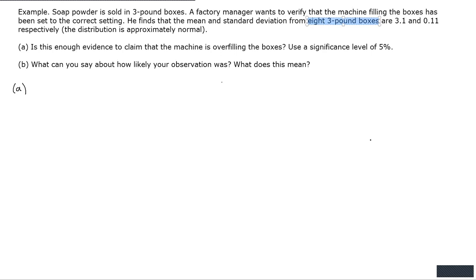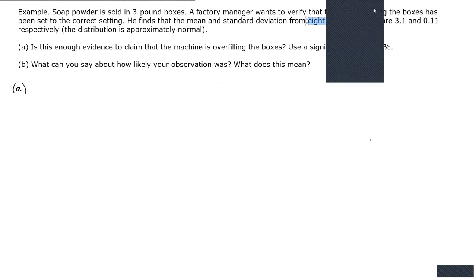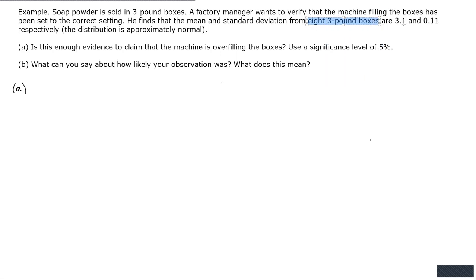The next thing that we're told is that there's these values of 3.1 and 0.11, and the value of 3.1 corresponds to the mean, and the value of 0.11 corresponds to the standard deviation. And of course, these are the mean and the standard deviation from only those 8 3-pound boxes, which means that these are both sample values, right? So this is the sample mean and this is the sample standard deviation.